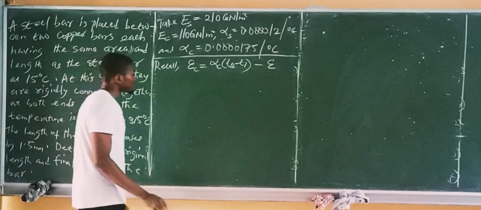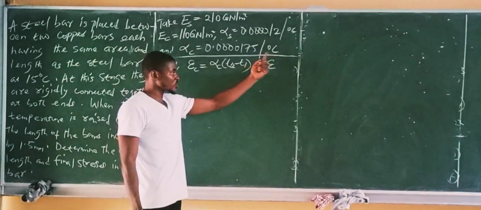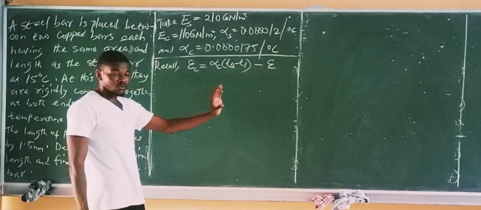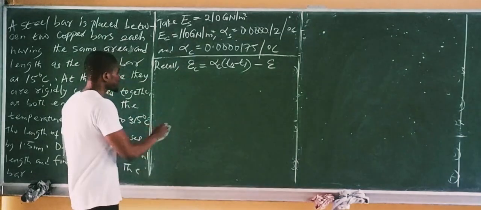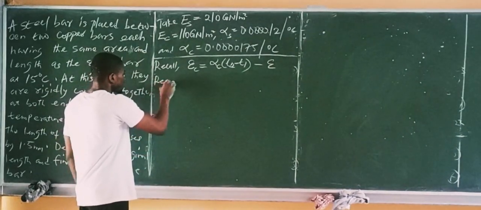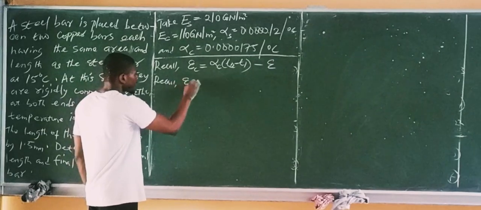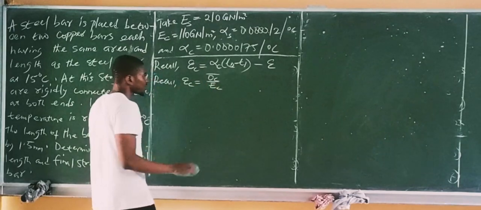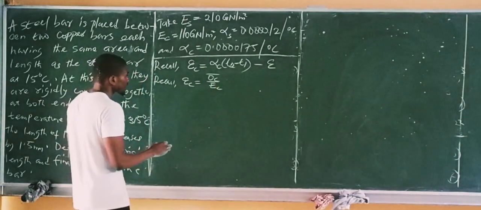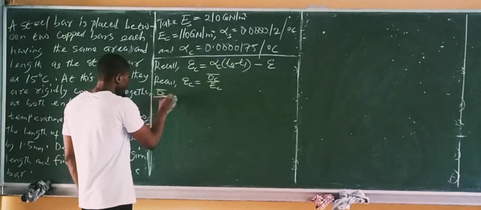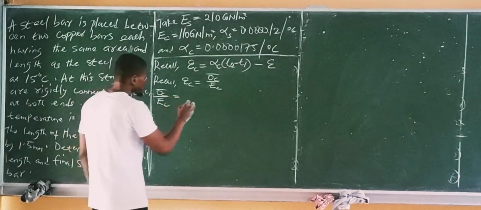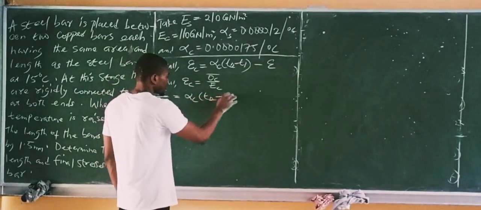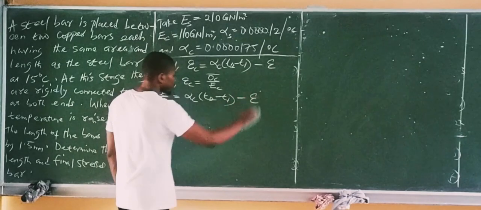If we decide to make the common strain the subject of the formula, recall that the strain of copper is simply the stress of copper over Young's modulus of copper. So stress of copper over Young's modulus of copper equals thermal expansivity of copper times the difference in temperature T2 minus T1, minus the common strain.